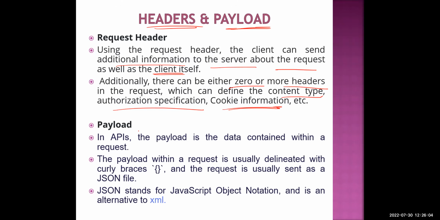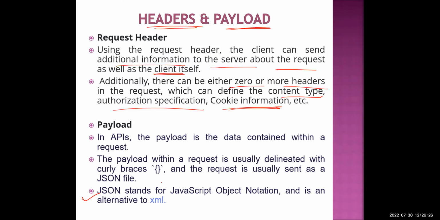Payload. What is payload? In APIs, the payload is data content within the request. As I told you, whatever data you are passing, that is called payload. Payload within a request is usually designed with curly braces, and the request is usually sent as a JSON file. And that is the reason JSON is a universal protocol actually.